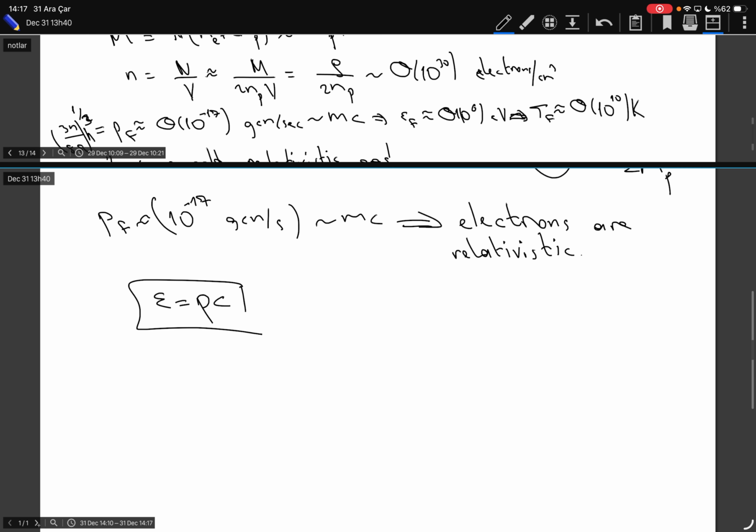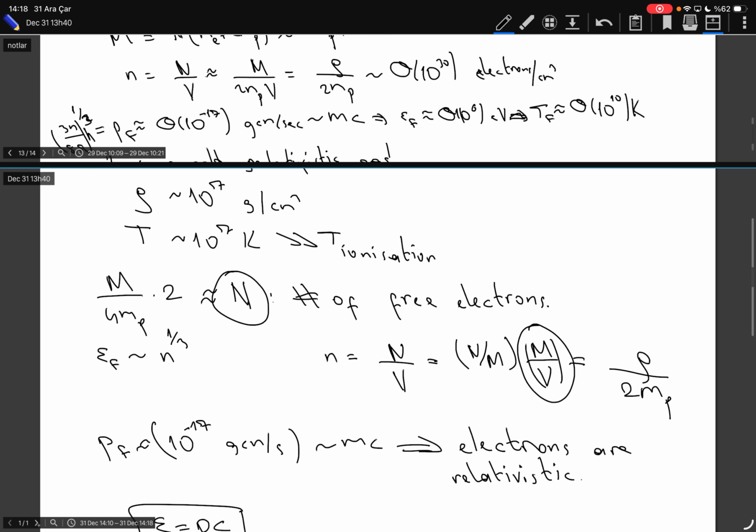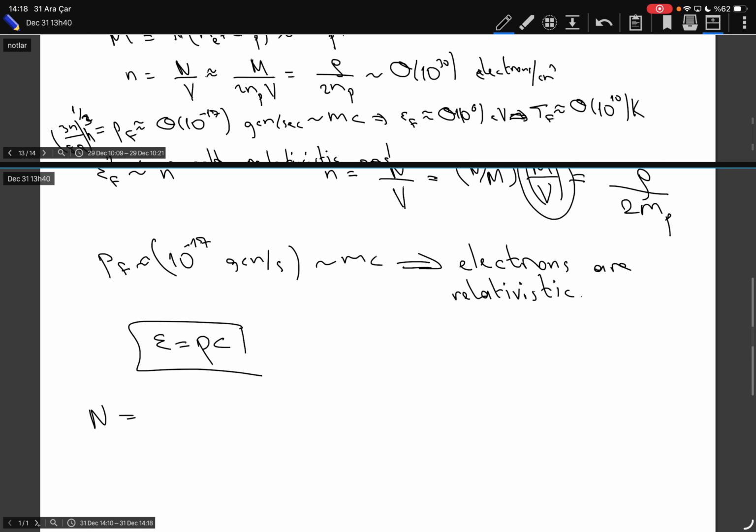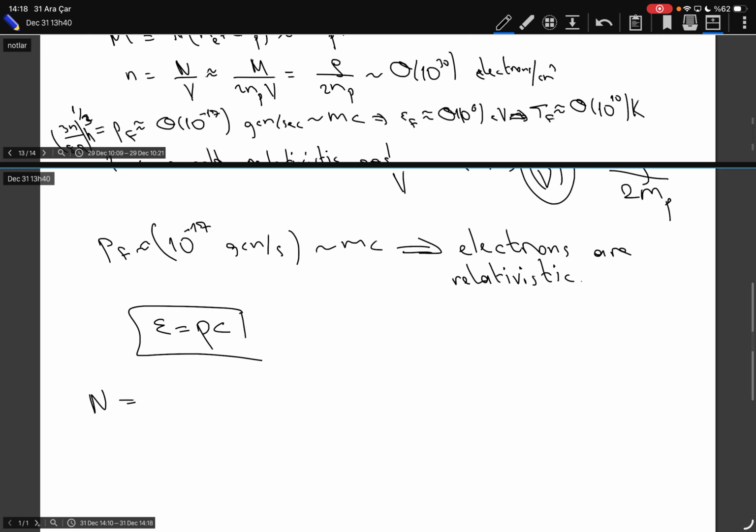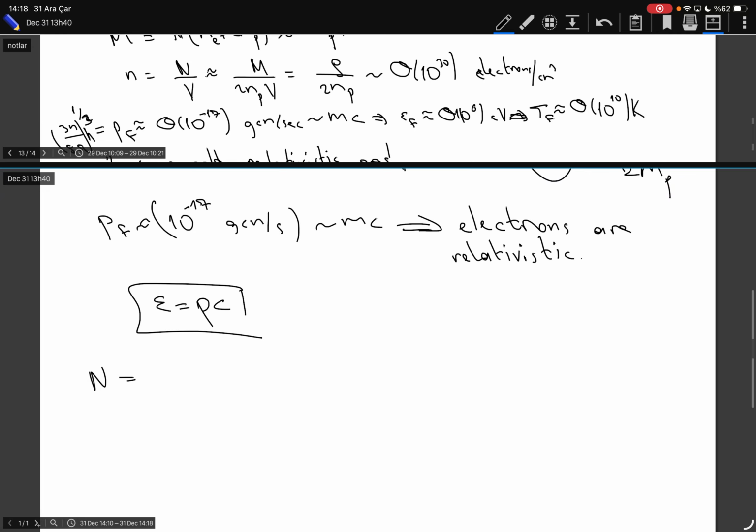So if you remember how we obtained the Fermi momentum, here we assumed the Fermi momentum to be n to the power 1/3. This was the non-relativistic case, but now we know that it is relativistic. We need to make necessary corrections. And the total number will be g, whatever the degeneracy is. We are talking about the electrons. It is 2V d cubed p theta of epsilon Fermi minus p.